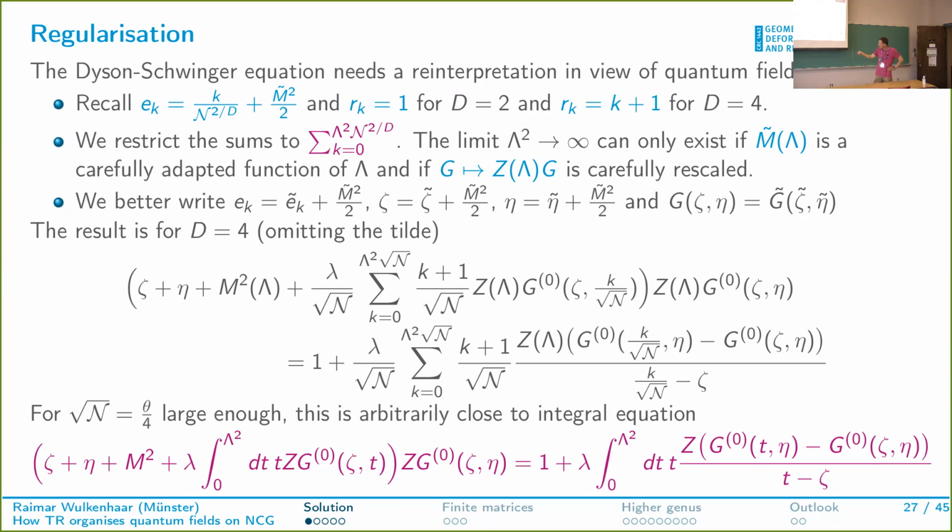And then you see, this is an approximation to an integral equation. Here in 2 dimension, you can also mention that z of lambda is not necessary. This will come. Okay, sorry. Yes, of course. Good. So, it's this integral equation.